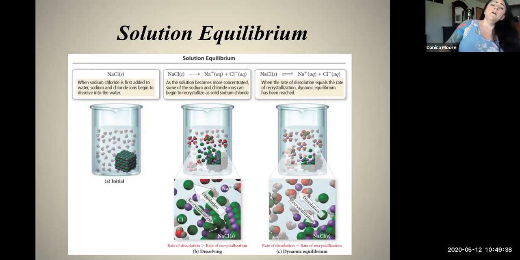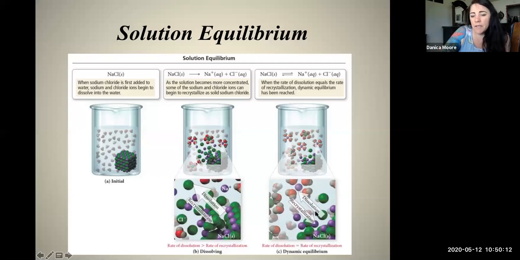It's going to form sodium and chloride ions, but there's always going to be a small amount of recrystallization happening, right? The dissolution or dissociation is the ions being broken up, and the recrystallization is the reformation of that solid. When the rate of dissolution and recrystallization has become equal, that's when you reach solution equilibrium, okay?